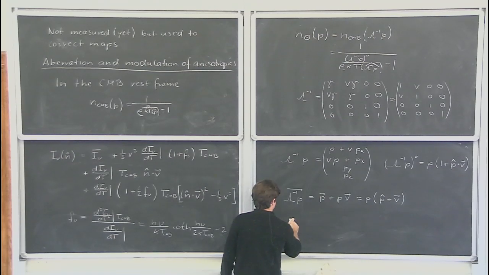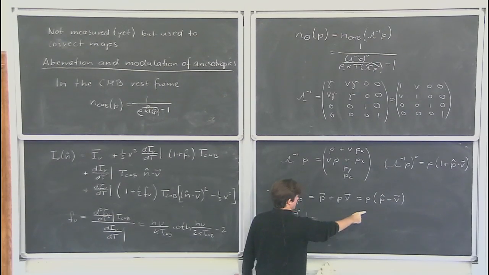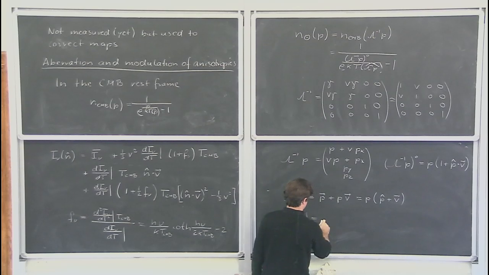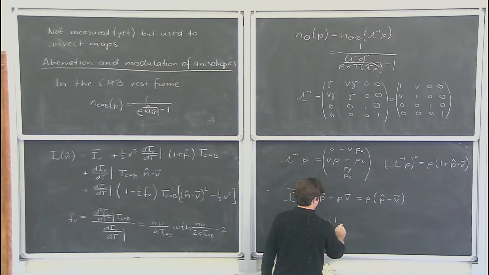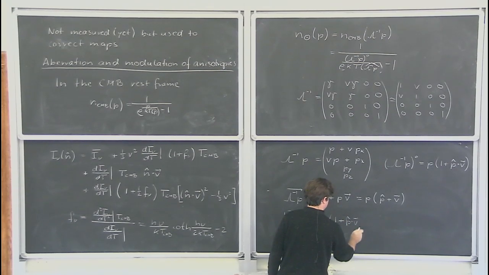So to compute the magnitude of that vector, we just compute the square root of that squared. So this is p, and if we square that thing, this is 1 plus 2 times p hat dot v, but we have a square root, so the 2 goes away, and we just have 1 plus p hat dot v plus order v squared.